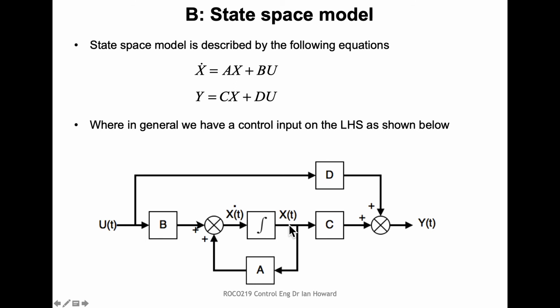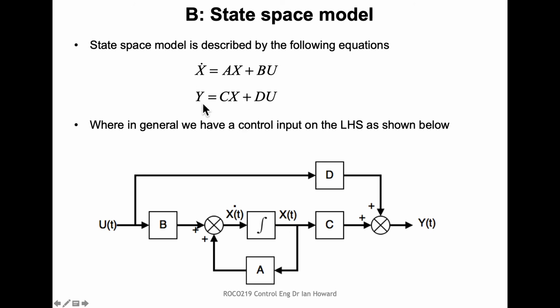And then the rest of it's just filling in the equation. We can see x dot equals A times x plus B times u. So we need to tap off x and multiply it by A. So here we've got Ax coming in to this addition. And then we add that with u times B, so the u input coming in, multiplied by B. Here we've got Bu, and Ax here. We add them together and that equals x dot. So that's the first equation sorted.